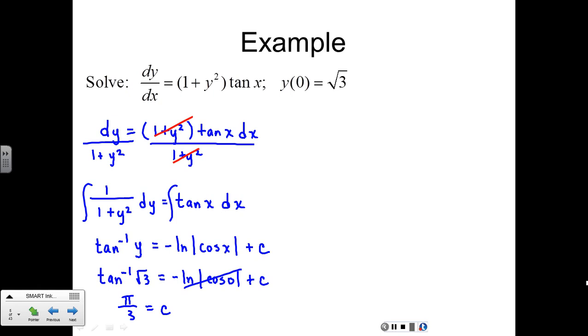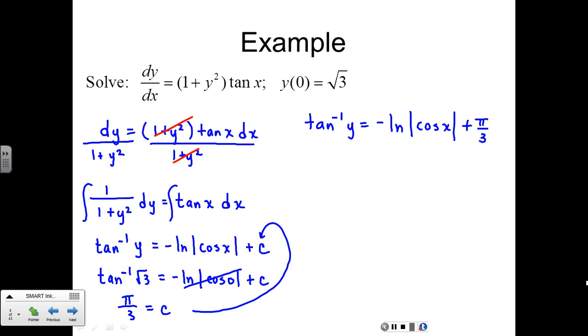So let's go back to right here. We're going to plug it in right there. So I have tangent inverse of y equal to negative natural log of cosine x plus pi over 3.